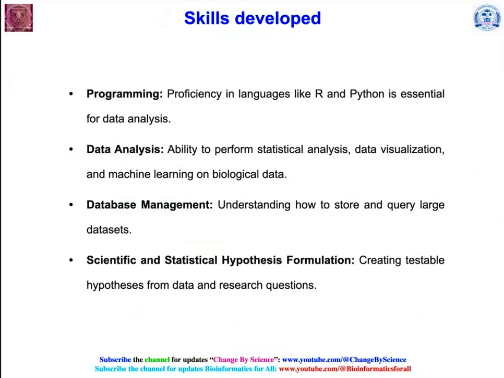Then you also need to understand database management, so how to store and query large data sets. Scientific and statistical hypothesis formulation, creating testable hypotheses from data and research questions.